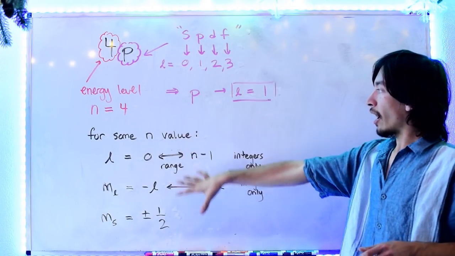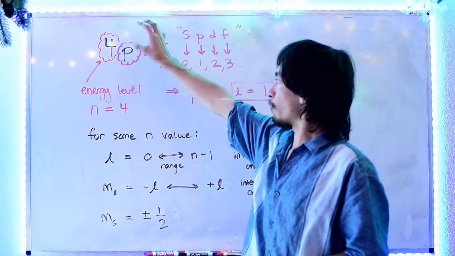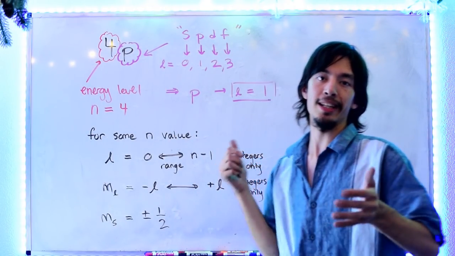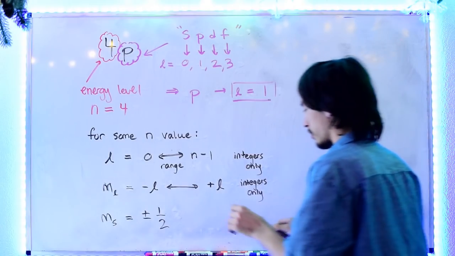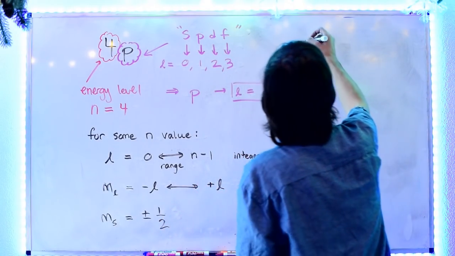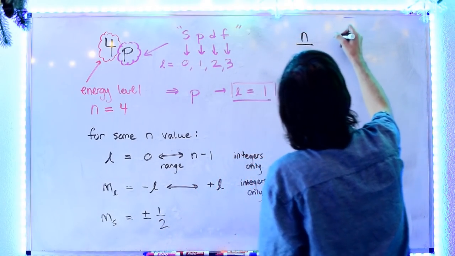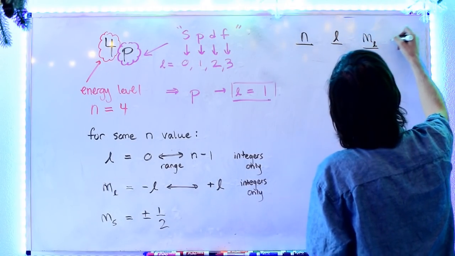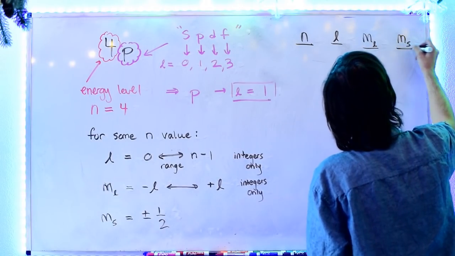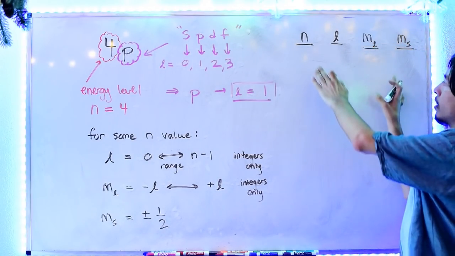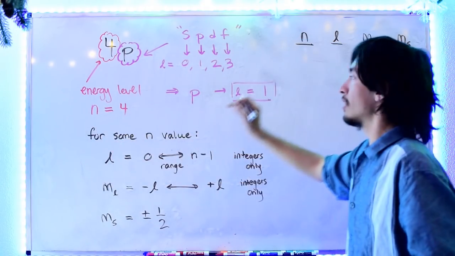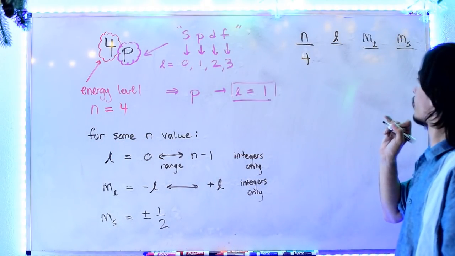So now what we're going to do is we're going to take this 4p and we're going to generate all of the possible states that we can have. So for instance, as you make a table, so we have n, L, m sub L, and m sub s, like that. I'm letting n be 4, that's set in the problem, so n is 4.